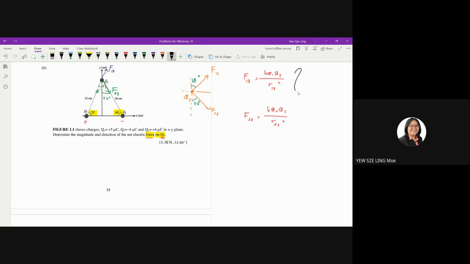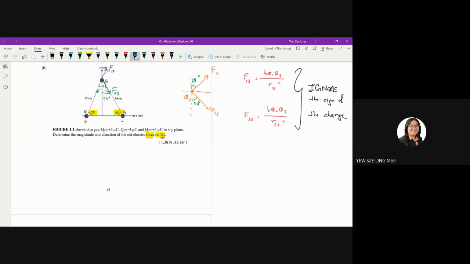As usual, when it comes to the calculation of a force, you ignore the signs of the charge. So don't include the negative sign in your calculation. You should obtain two positive values.